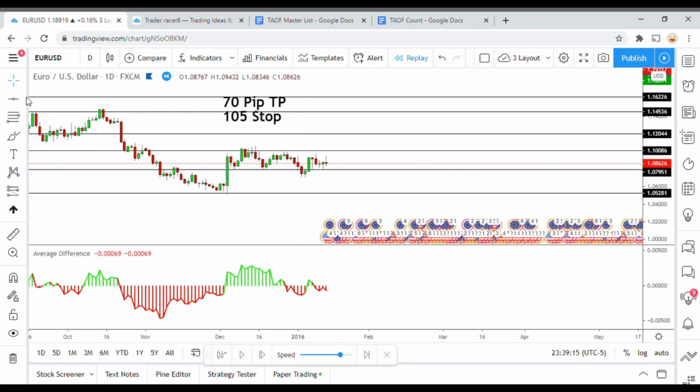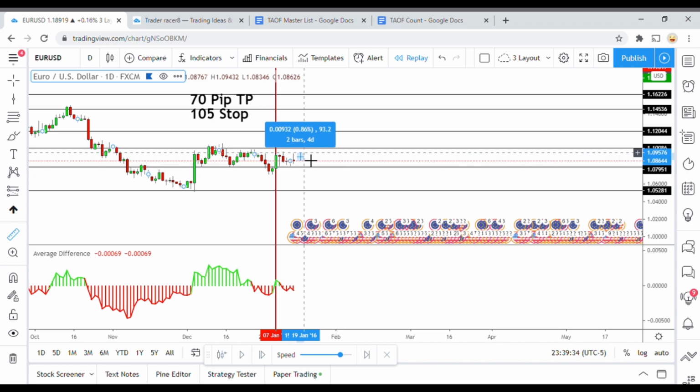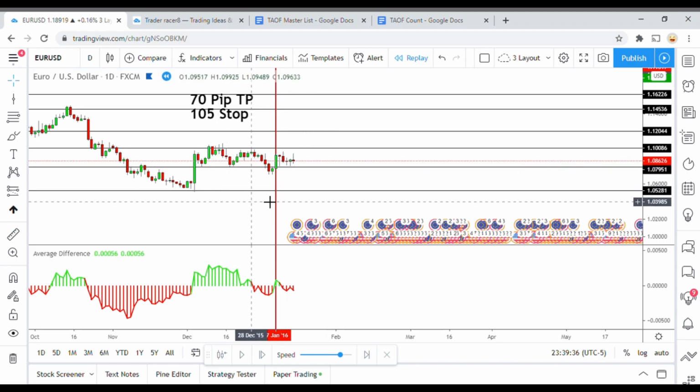Unfortunately, it did stop us out right there. And it came back for a short on this side, which may have also stopped us out here. Let's measure it out and see. 105. Nope, it did not. And so we're still in good shape there.